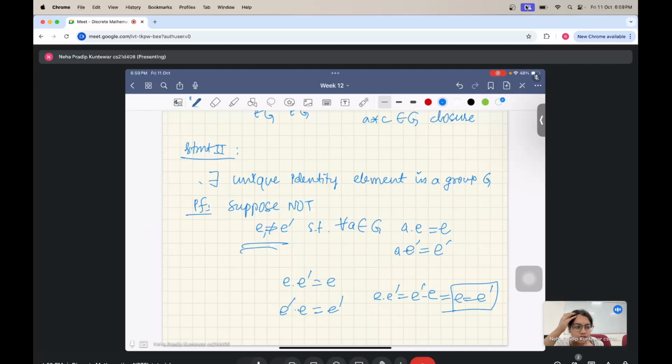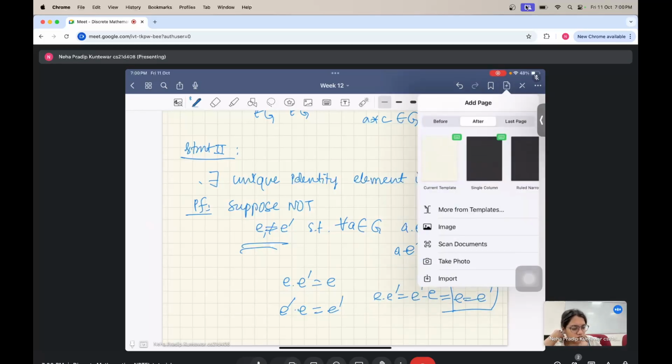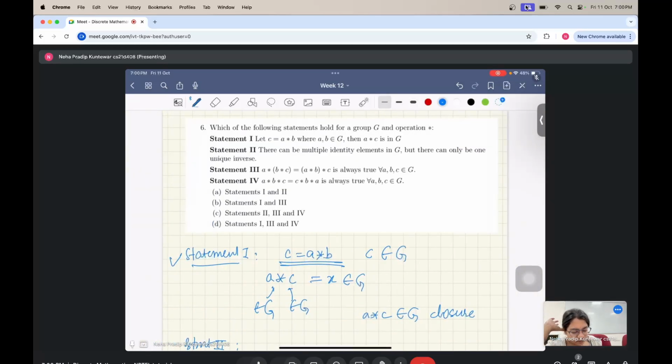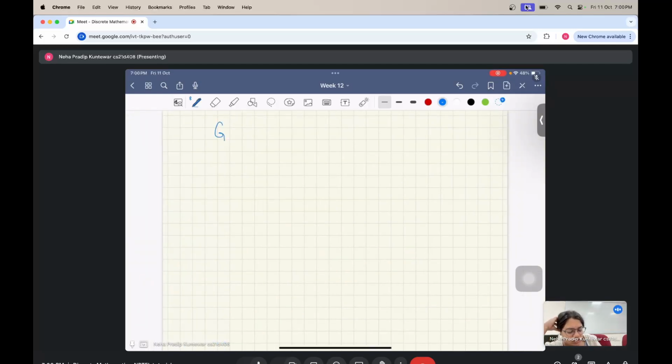You cannot have two distinct inverses, so that already says that statement 2 is not true, but we'll just show that given a group G, for all A in G, there is a unique inverse of A. Okay, so how do we do that? Again, you assume this is not the case, then A dot A prime is E, and A dot A double prime is also E, and now you try to equate them.